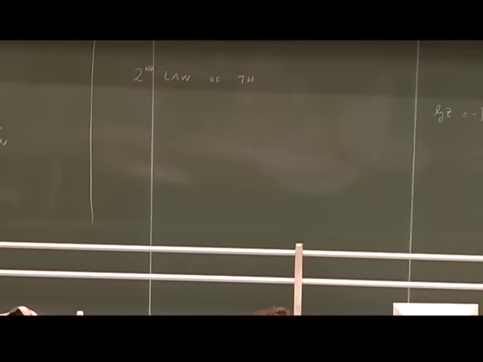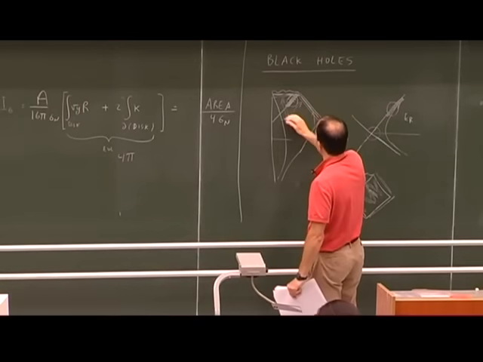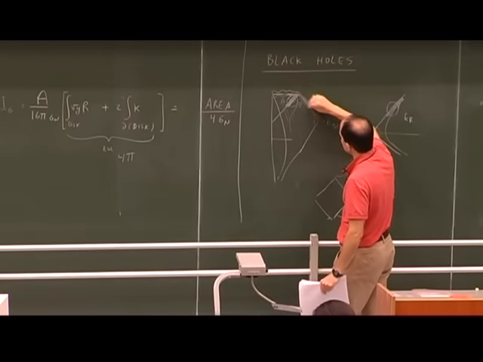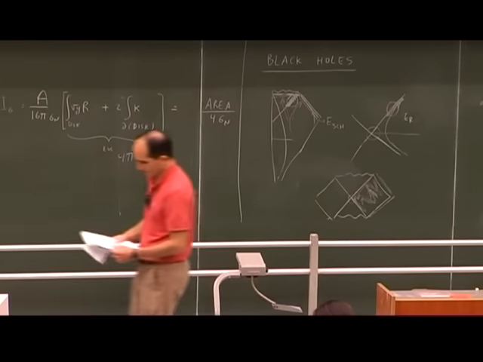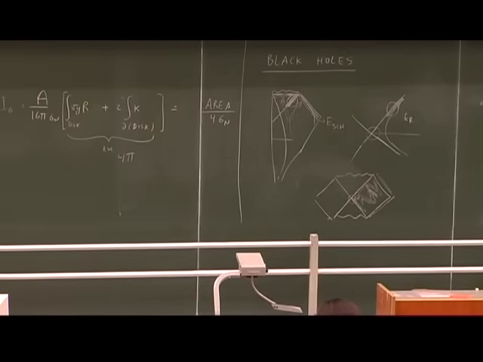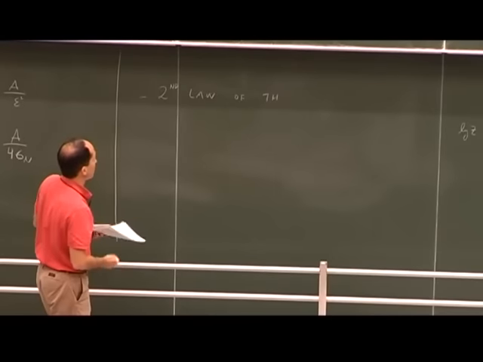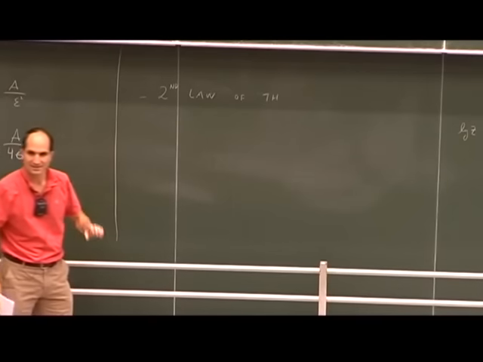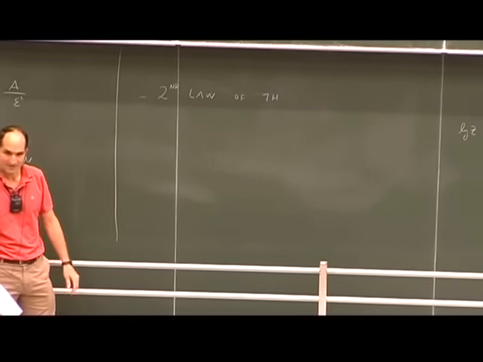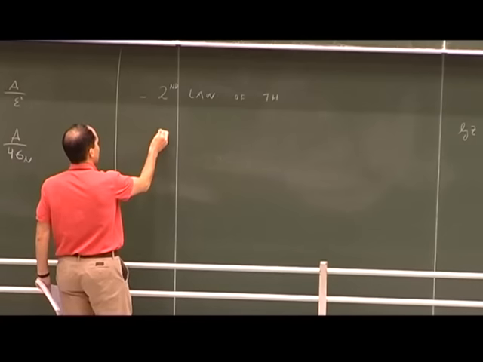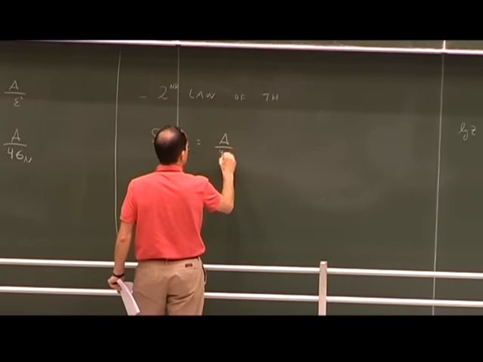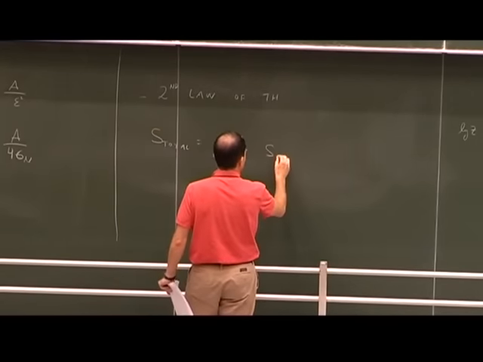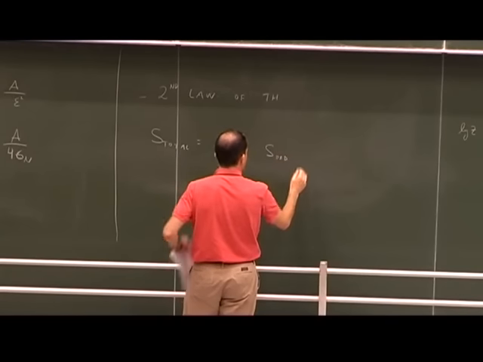You can throw entropy inside the black hole, and in this whole surface, the entropy increases. But naively, from this point of view, the entropy decreased because some of it went inside. Of course, the whole work of Bekenstein and so on was based on thinking that the second law of thermodynamics should work as seen from the outside. And the second law should work if we think about the total entropy as seen from the outside as equal to the area over 4G Newton plus the ordinary entropy outside.